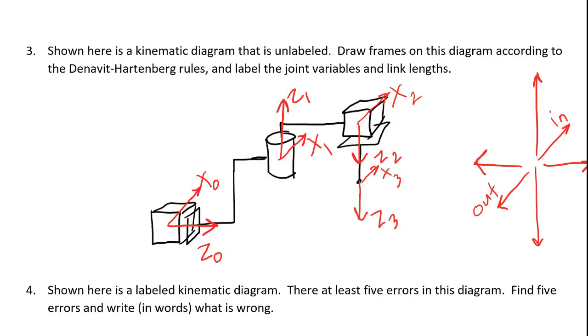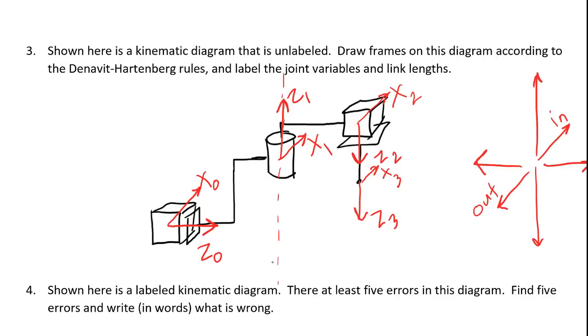Now, it's important that you move the 1 frame as little as possible. And generally, the way that you achieve moving frame 1 as little as possible in order to get the x-axis to intersect the previous z frame is by moving the frame in the z direction. So in this case, the z direction is up and down.